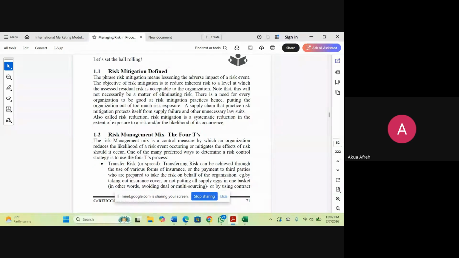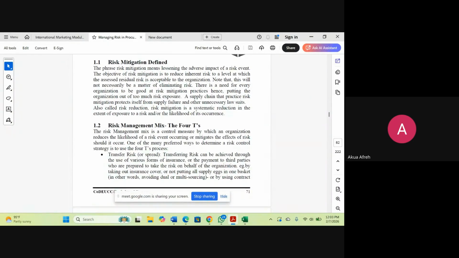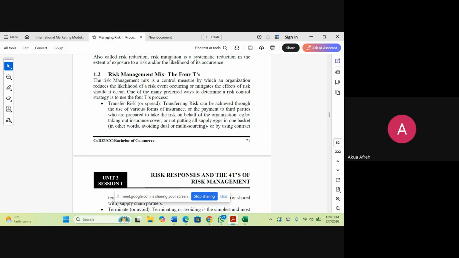Then we move on to the risk management mix. That is the 4 T's. The things that we talked about briefly last week because it was part of unit 2.